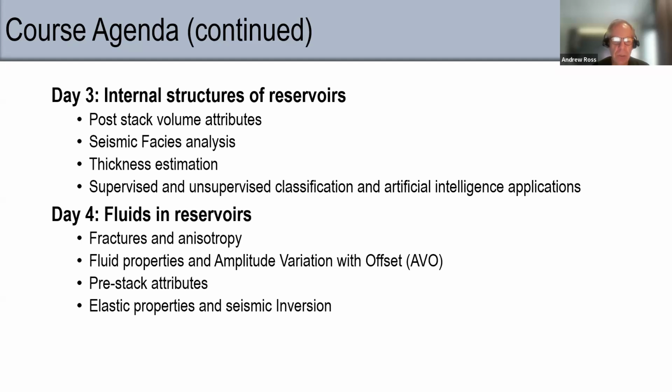And so what we can try and do is use the supervised and unsupervised classifications. And this is where the AI comes in. So can I turn my seismic data into sand and shale, which is what the geologist would be very interested in finding out, rather than a bunch of wiggles on a screen. So that's the internal structure.